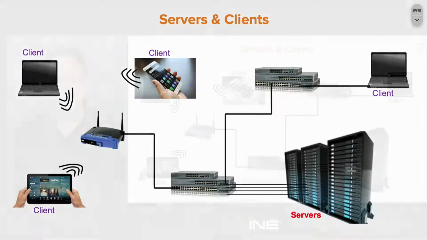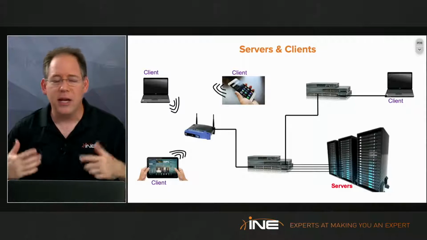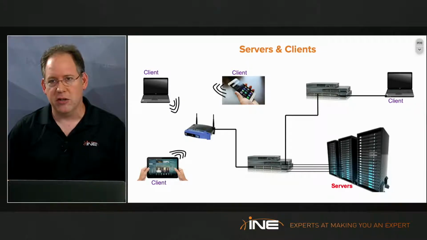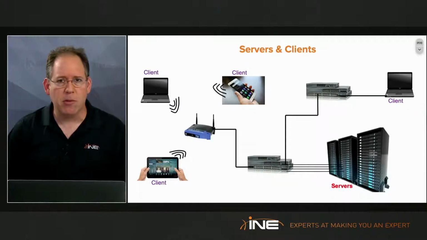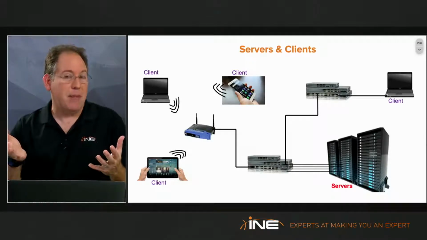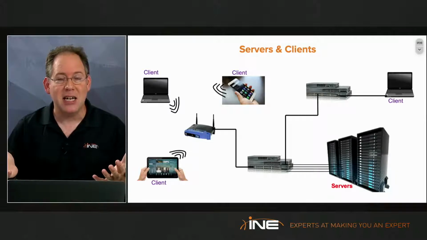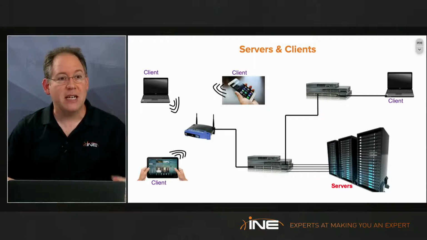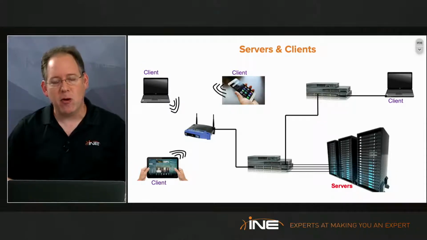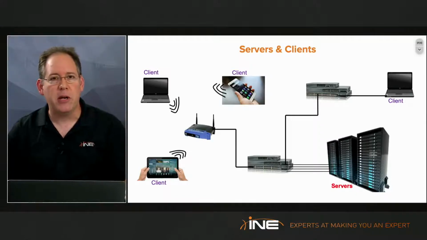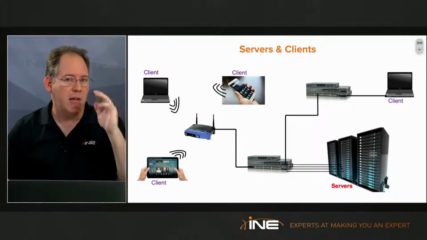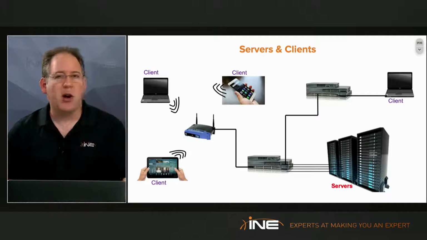For example, on your laptop you can open up a text editor and create text notes to yourself, or open up some drawing program and draw graphics for yourself. But most of the time these days, here we are in 2019, most of what people do requires them to be on a network and connect to another remote computer and get the resources of that computer. And that's what we call a server.